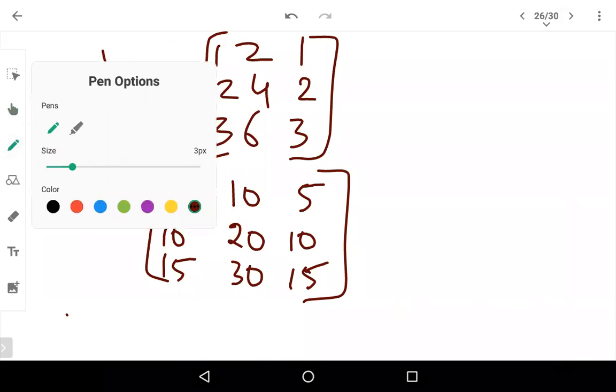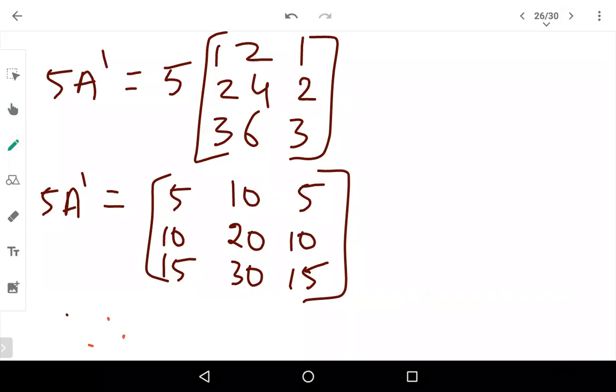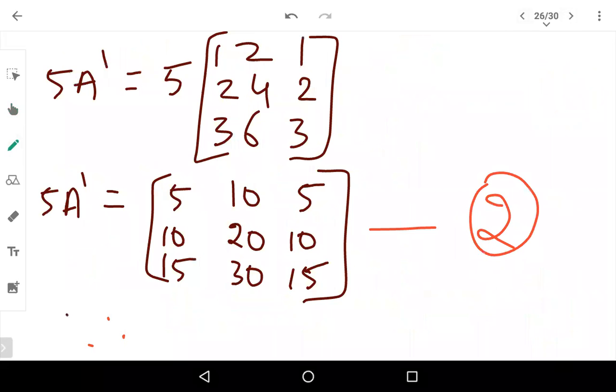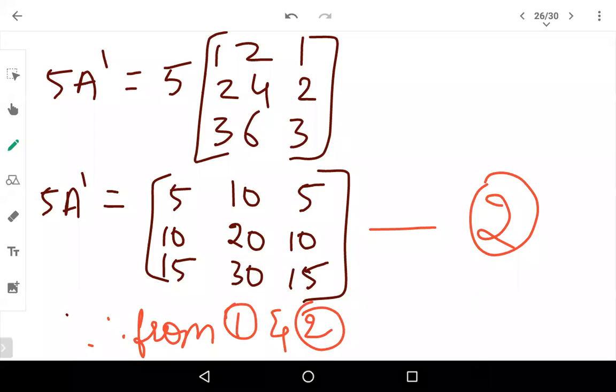So therefore, we'll mark this as 2, we'll mark this as 1. Okay, so from 1 and 2, (5A) transpose is equal to 5 into A transpose is verified.